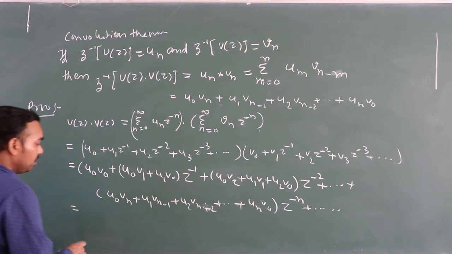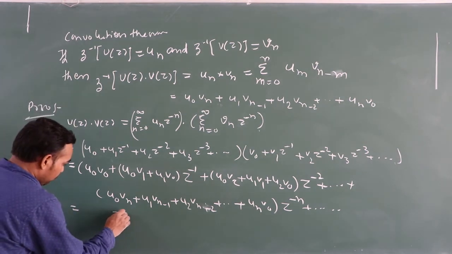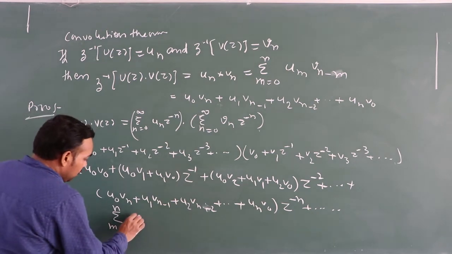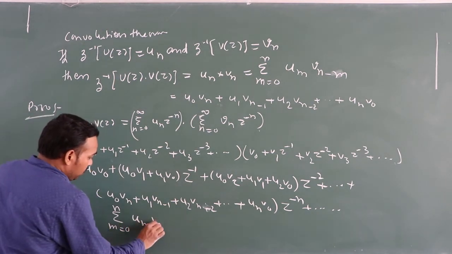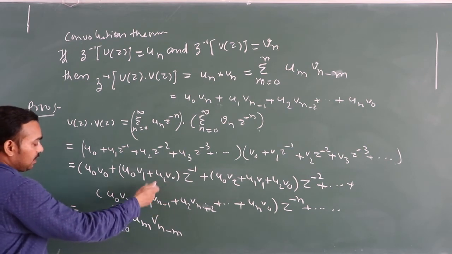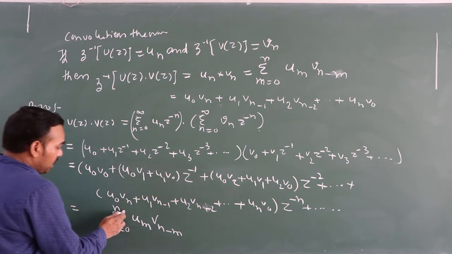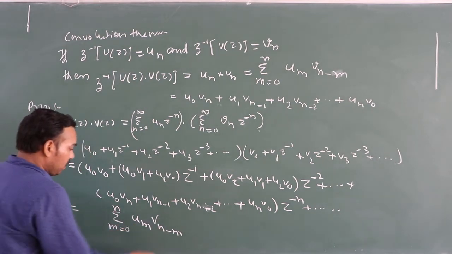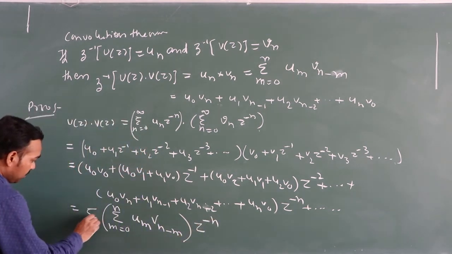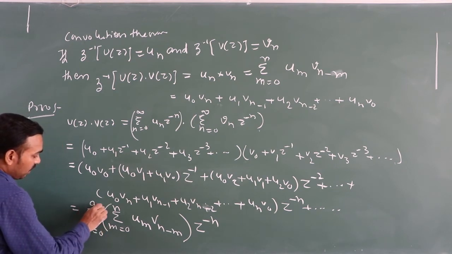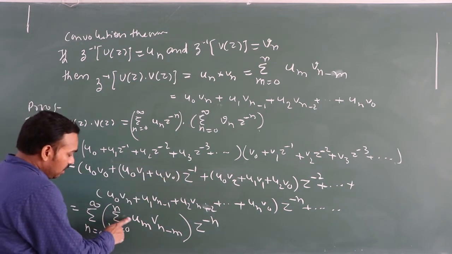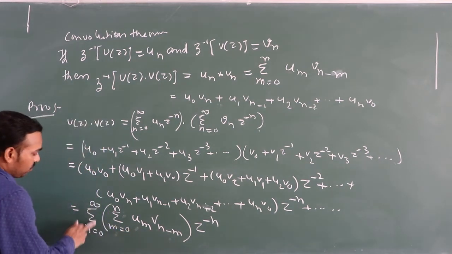This can be written in this way: the sum over m equal to 0 to n of u_m v_(n minus m), times z to the power minus n, with n going from 0 to infinity. This is the whole term.